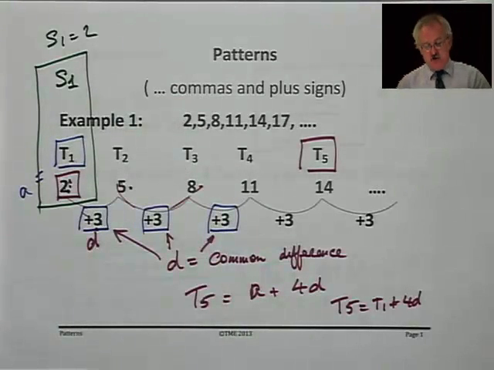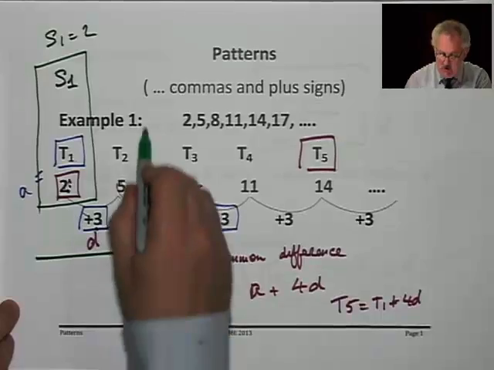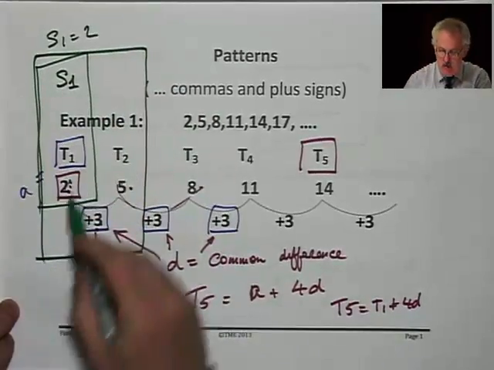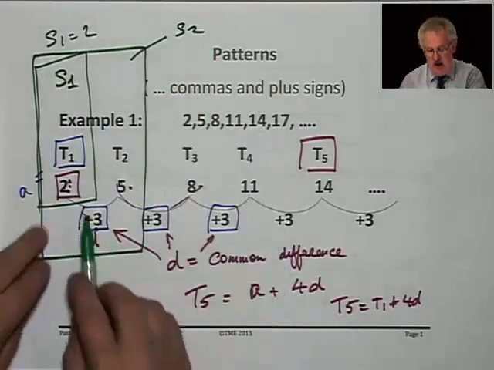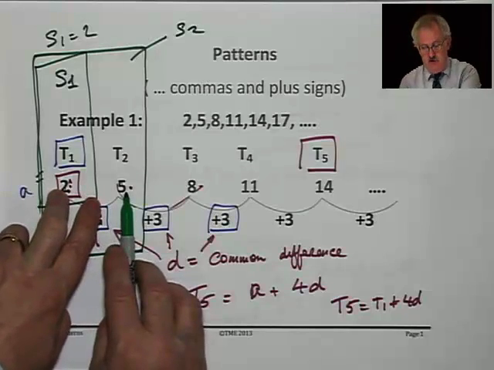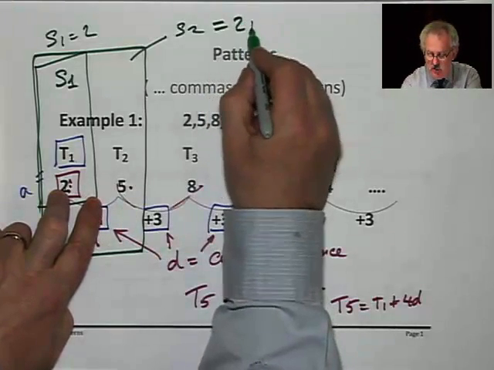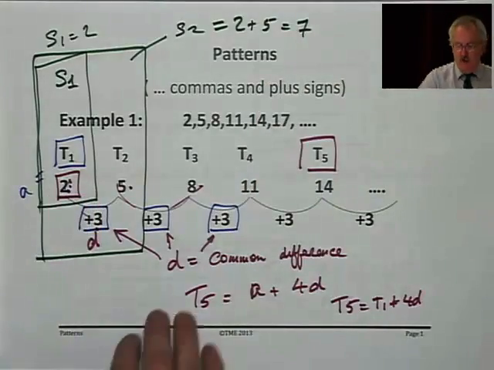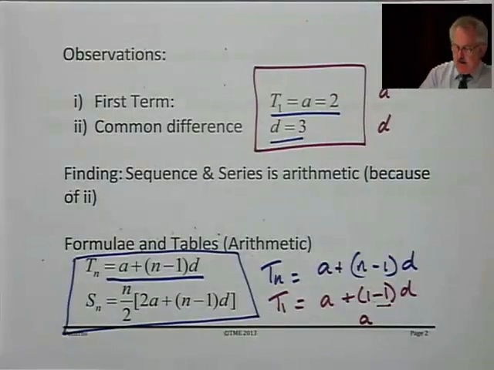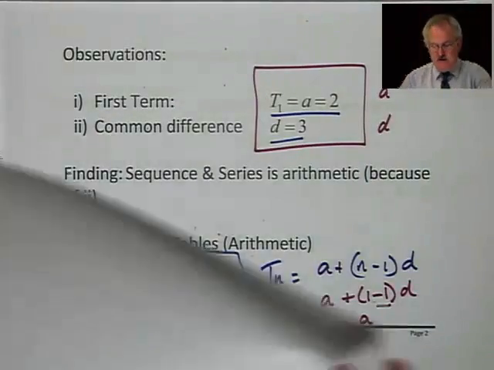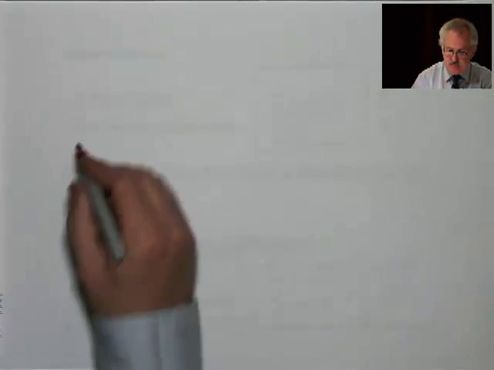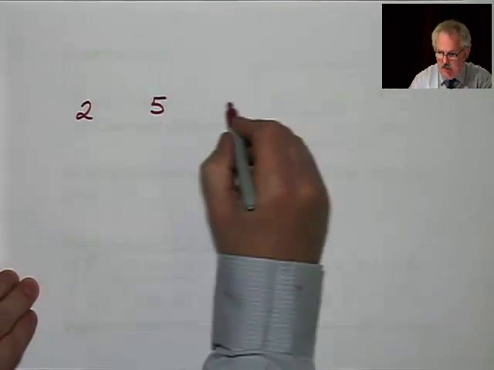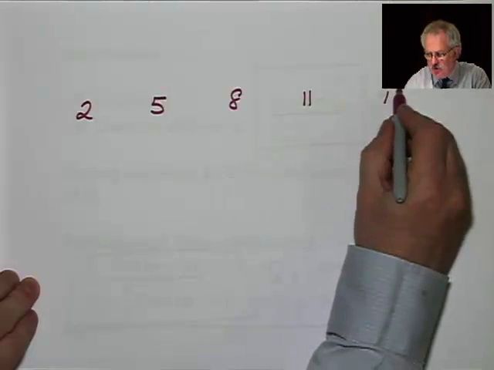But if I went for the first two terms, S2 would be 2 plus 5, which is 7. And if I were to go further and do the whole series, let's say I rewrite the numbers out: 2, 5, 8, 11, 14.